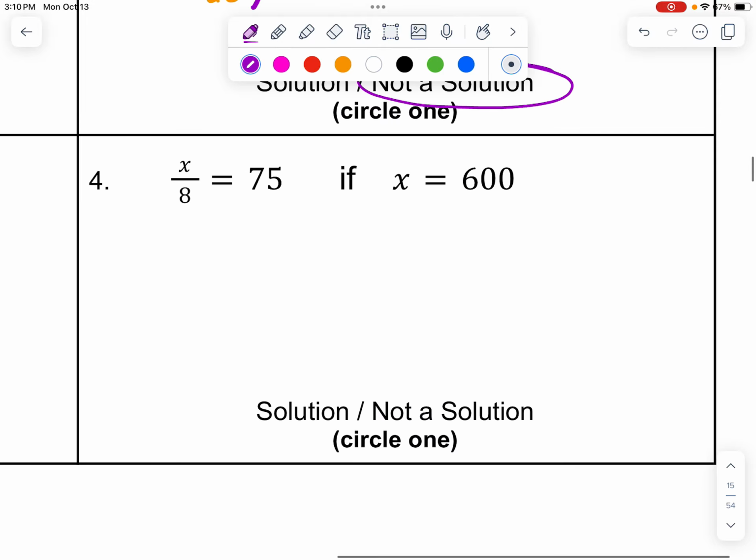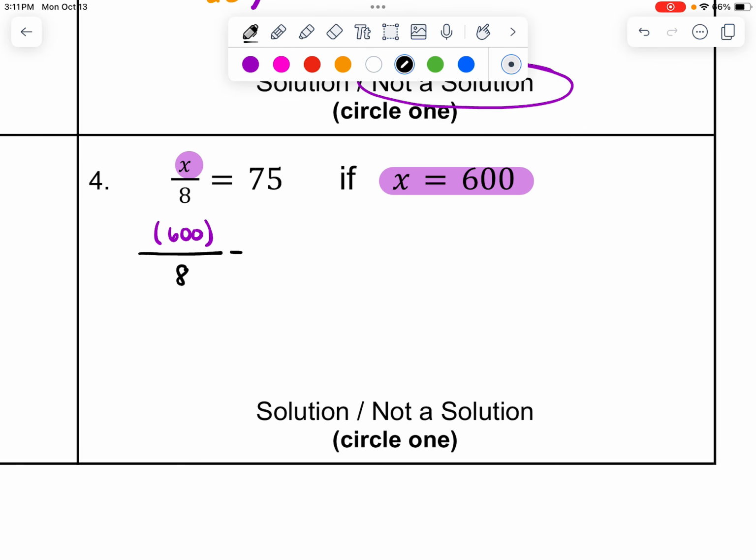Next, here is my variable and here is my number. First, I will substitute parentheses 600 divided by 8, copy the equals 75.